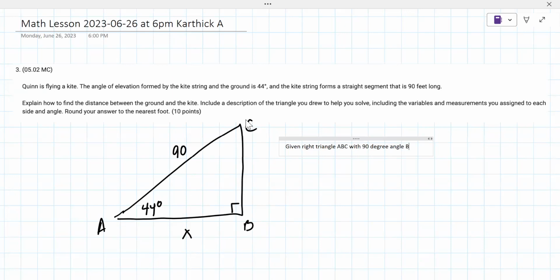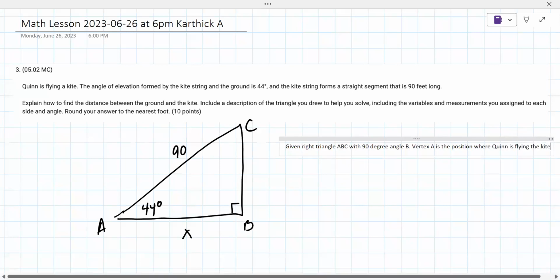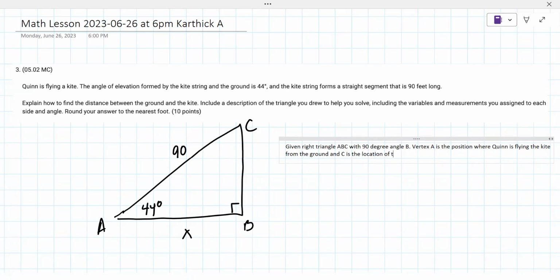So that's where you've got to add a little bit more information. You have to say vertex A is the position where Quinn is flying the kite from the ground, and C is the location of the kite.